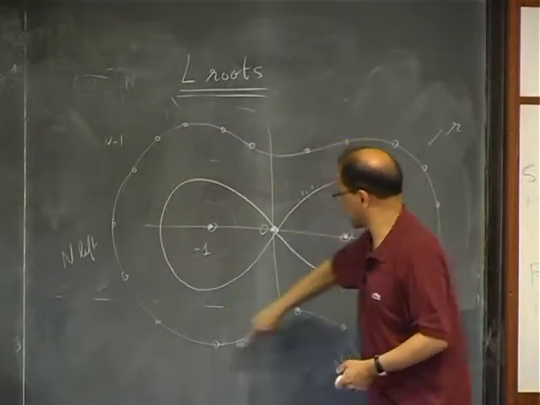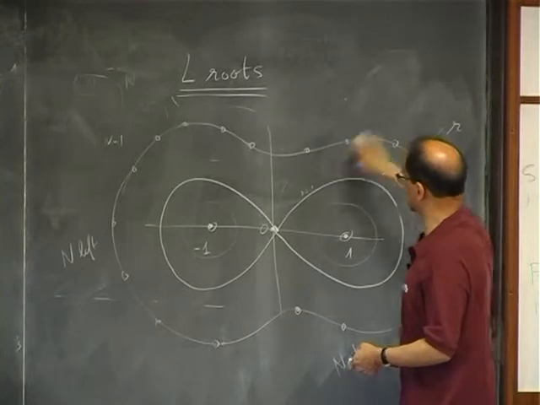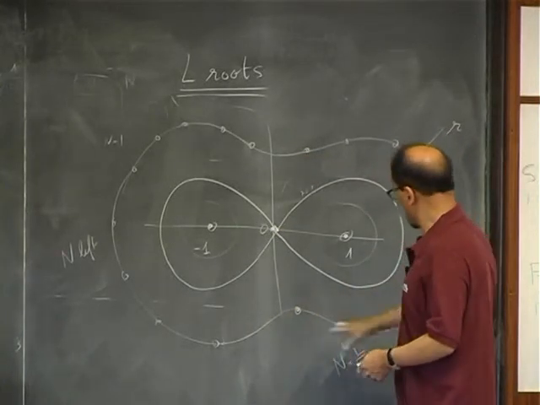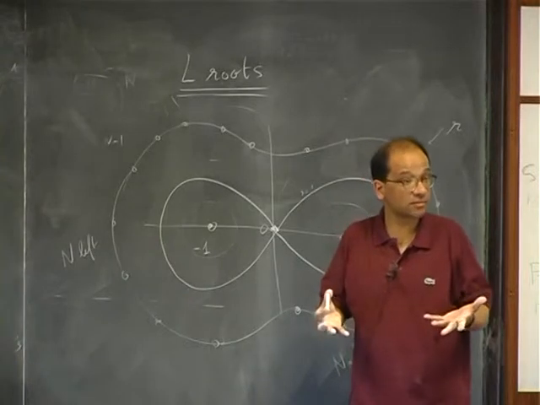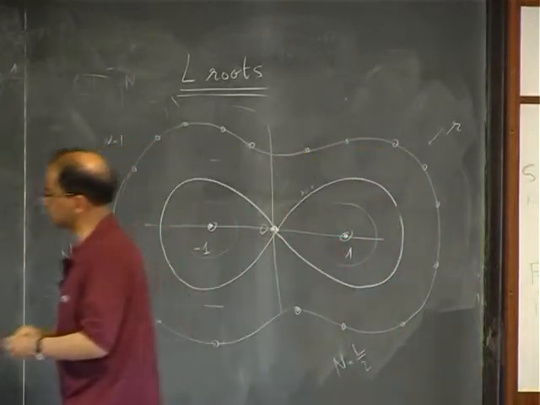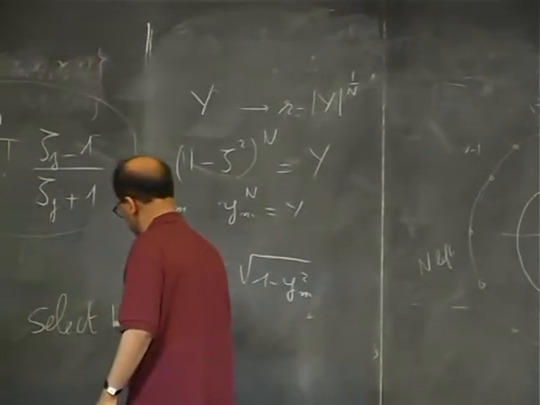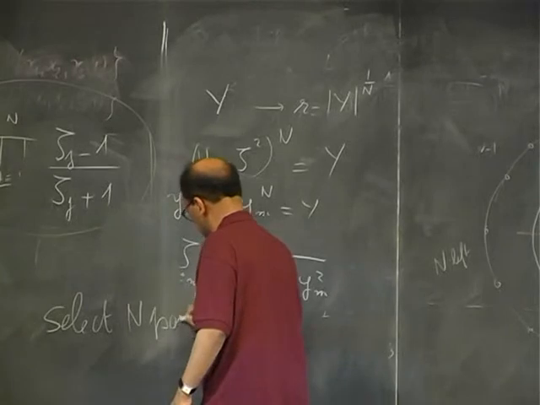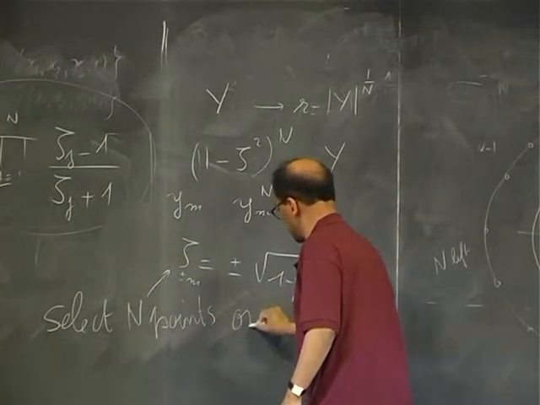Let's take the outer lemniscates, or the outer Cassini oval. Among these 2n roots, I have to choose n of them. So I have to select n points of this type on the oval.